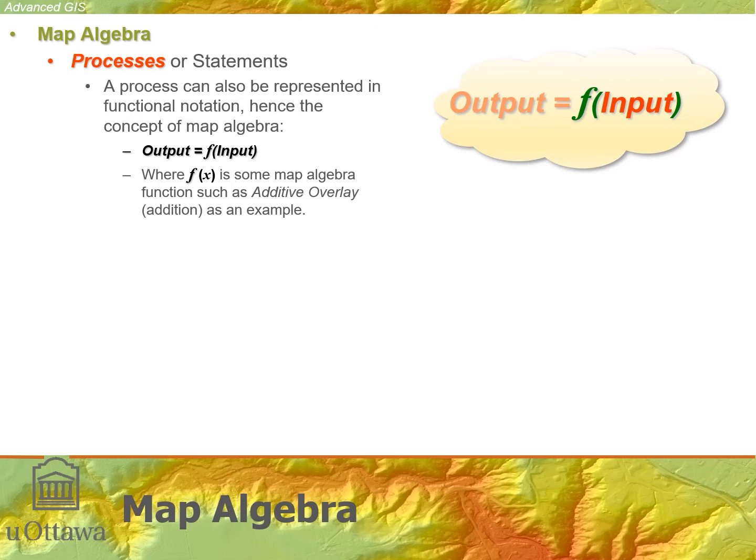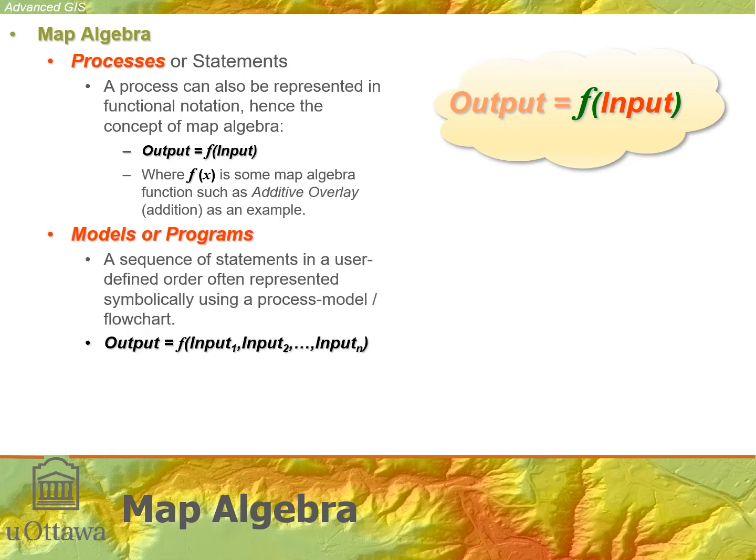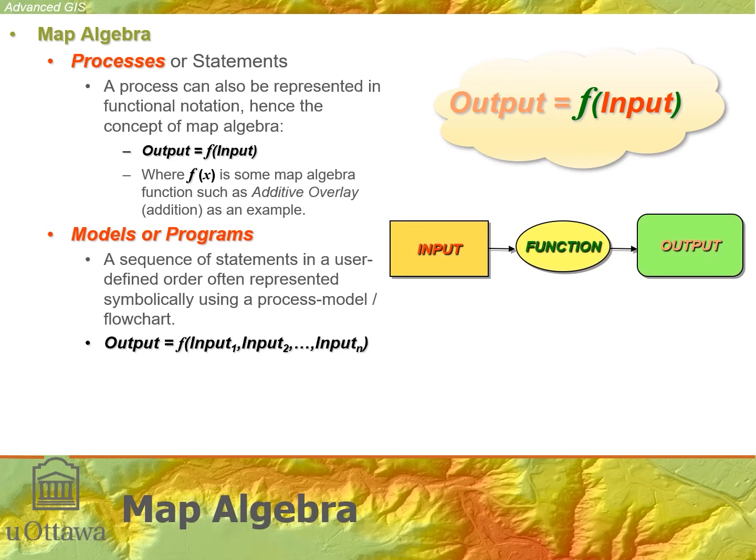Like we see here, we have output equals a function of the input. So output is a function of the input, where f of input, or we could also just say f of x, is some function or tool in our toolbox. That is contrasted with cartographic models, which represent the same type of statement in a single process.